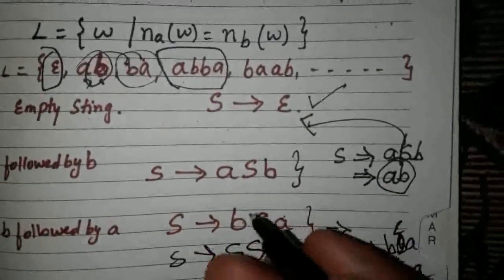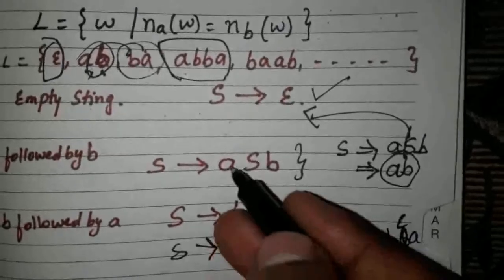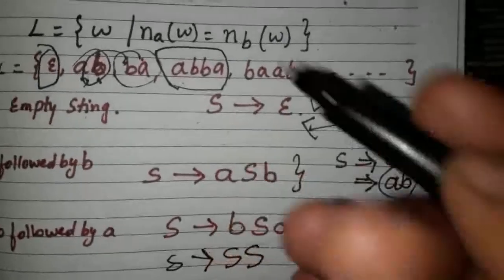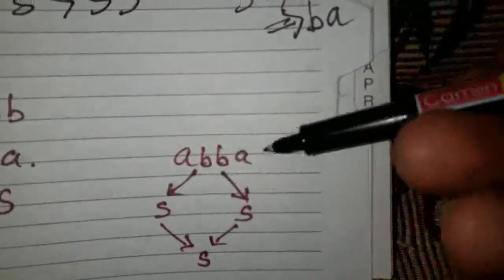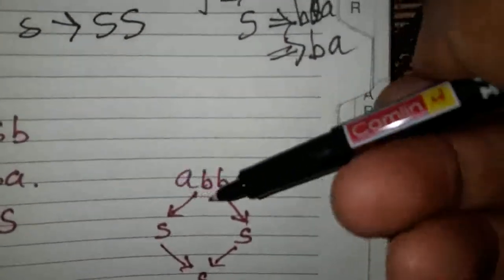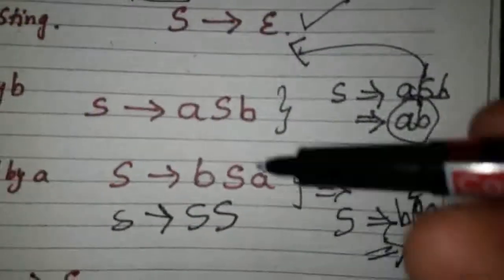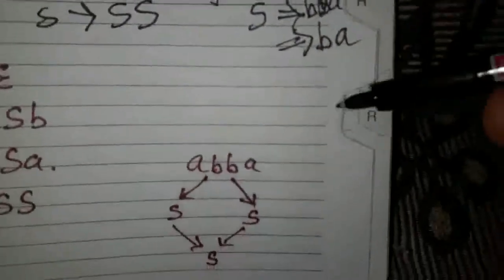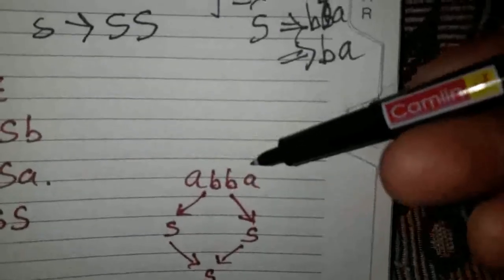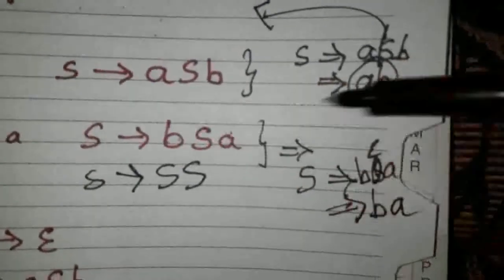Now see, for the first one, let us take the string ABBA. In it, AB can be obtained by using this production. We have seen that here. Similarly, BA can be obtained from the second production.